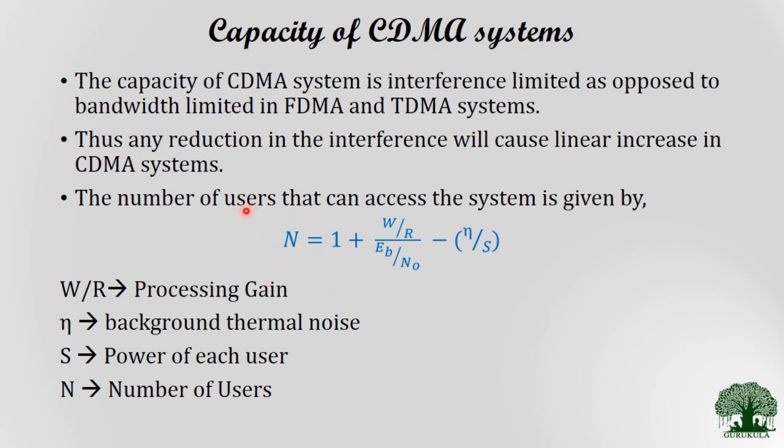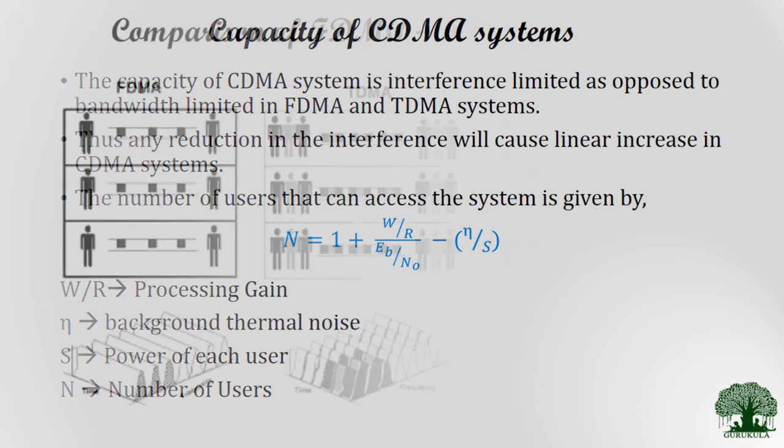We have to satisfy this equation to decide the total number of users that can be effectively allowed to access the code division multiple access system. So this is all about the code division multiple access system.